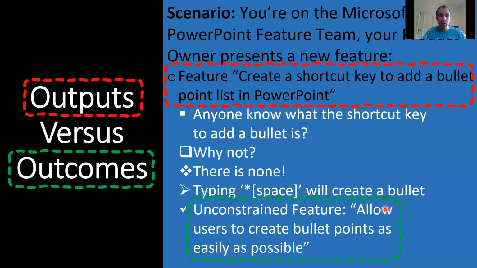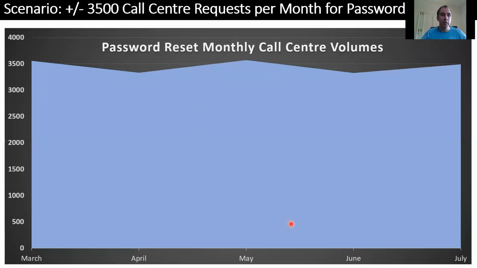So if I came up with this in green here and I asked you to do that, you might have thought about a shortcut key, but you probably would have come up with other creative options. Obviously at Microsoft, they did this and they came up with asterisks and a space. Better way of doing the same thing. So top one is an output, generally not great. Outcomes much better, and that's really going to be the focus of today's presentation.